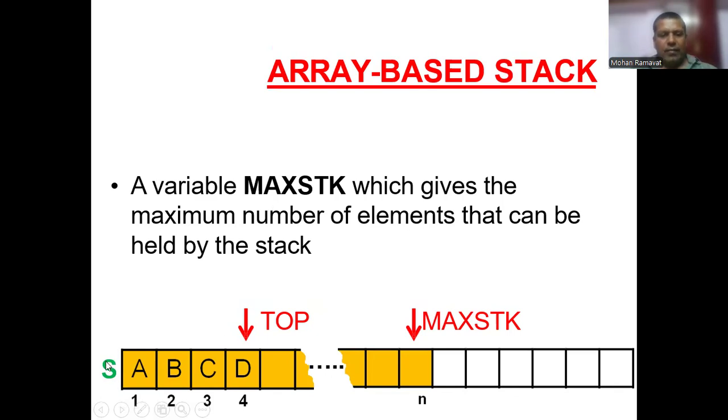So here the name of the stack is represented by S, and there are alphabets, and these are the indexes, right? So there is n. N is nothing but the maximum size of the array or stack in here. So where a different number of items could be stored.